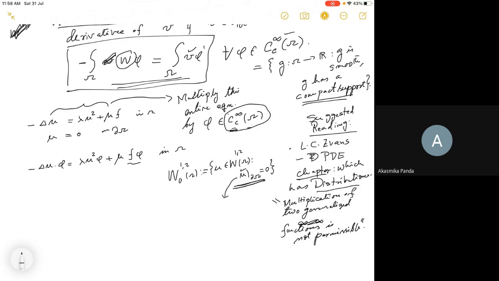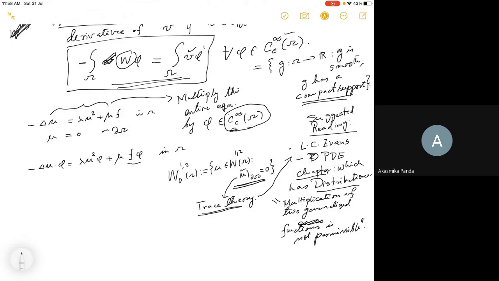So I'll direct the readers to read what is called the trace theory, and again I'll suggest the book by L.C. Evans. It gives you an idea of how to restrict a function to the boundary, but in the process you will lose a very surprising thing, and that is half a derivative.